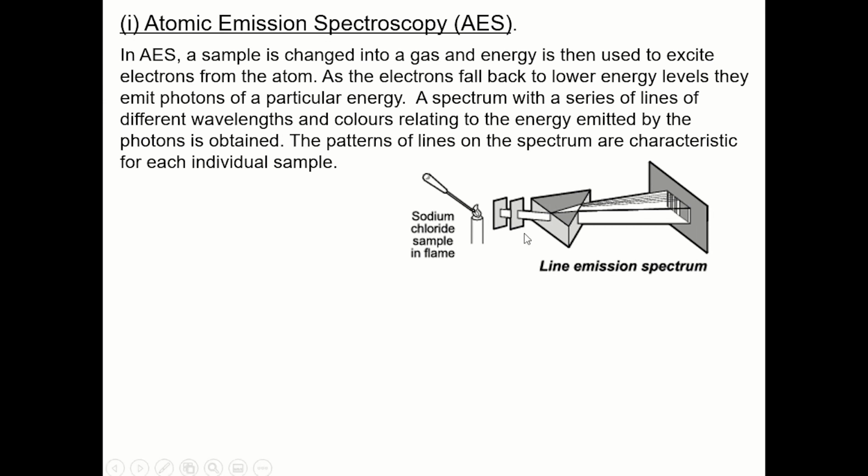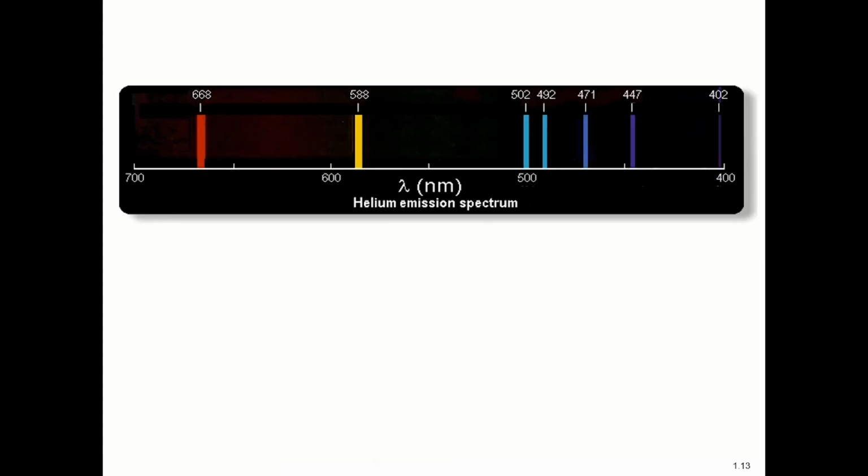That is then passed through a prism, you can see in the middle here, and as you go we get this line emission spectrum, which looks something like this. This is a little bit zoomed in, but this is the emission spectrum for helium. And what we see is when that passes through the prism, what we see are distinct bands, so lines.